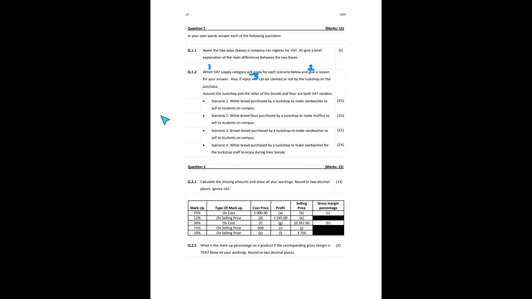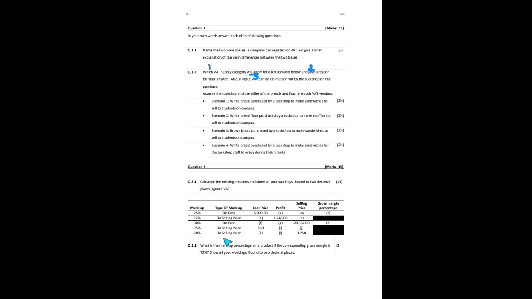So this set question 2, I gave you quite a thorough explanation when we went through the other document. So in this first column, they've given you the markup percentage. This markup percentage is either going to be the profit expressed as a percentage of the cost, or the profit expressed as a percentage of the selling price.